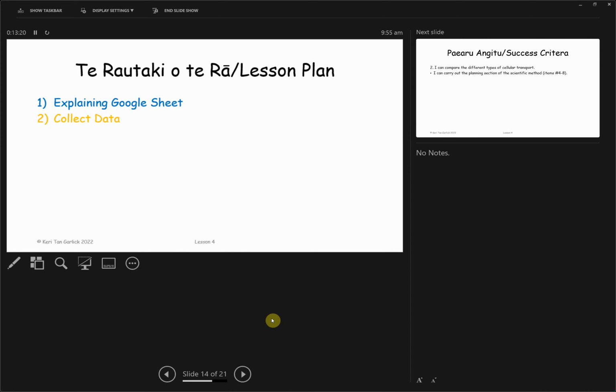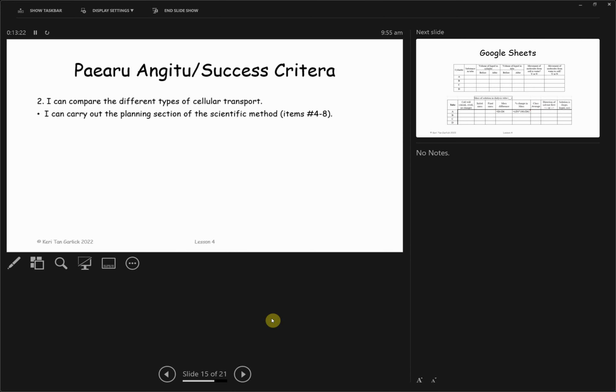Cool? All right, so our success criteria for today: we are working on number 2, thinking about those different types of cellular transport, in particular osmosis for this practical. And the second thing is you're starting to work on the scientific method and the ability to carry out an experiment. We are basically working on items 4 through 8 on that checklist, which is all about planning and collecting that data.